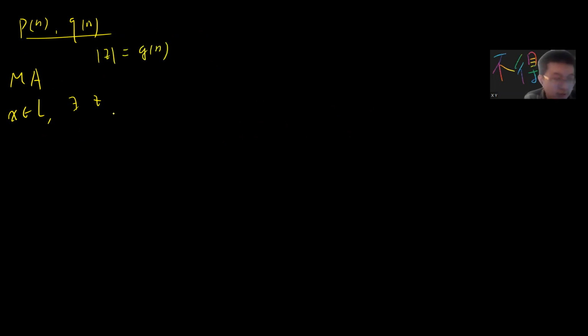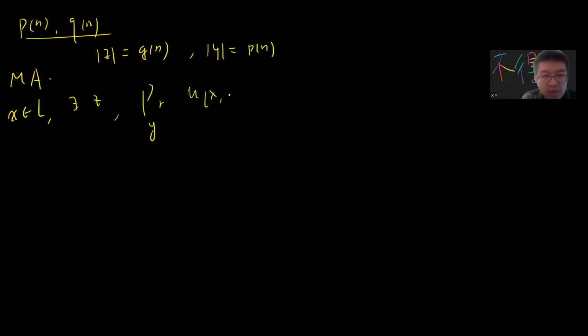MA means that if x belongs to L, then there is a z, with the length of z being Q of n, and the length of y being P of n. Here z is the message from Merlin, and y is the random coin that Arthur chooses.